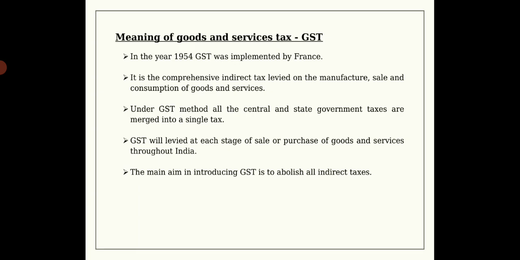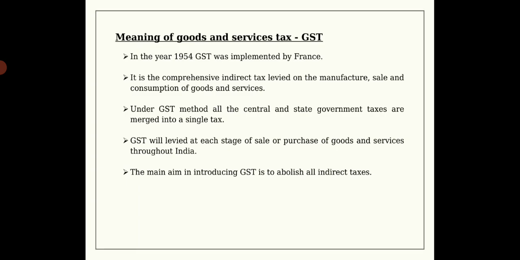So under the GST method, all the central and state government taxes are merged into a single tax, which will reduce the cascading or double taxation effect.